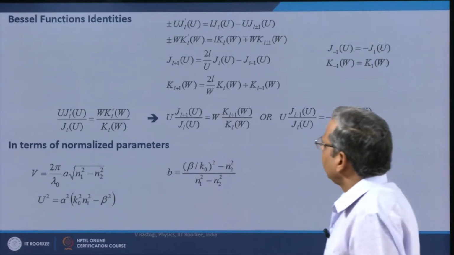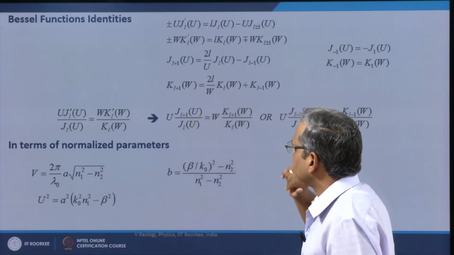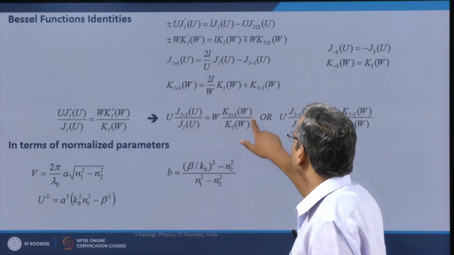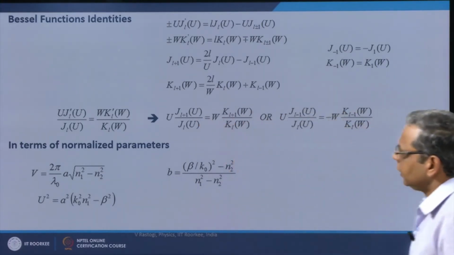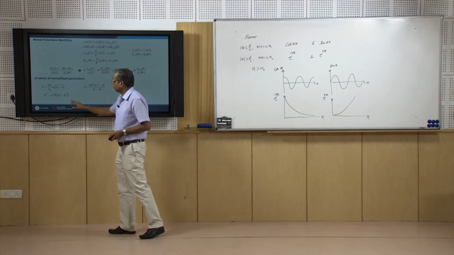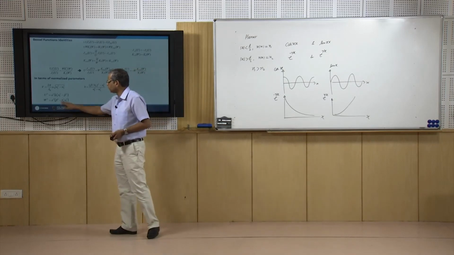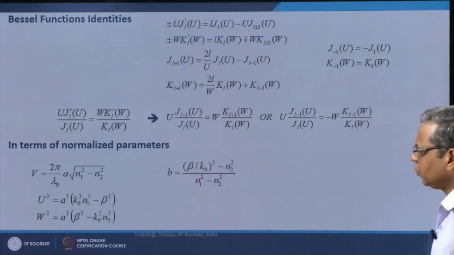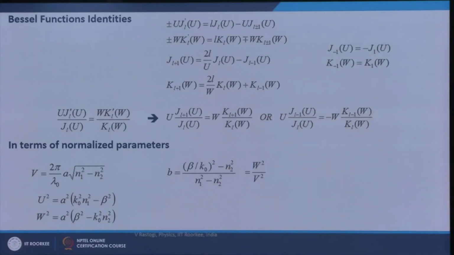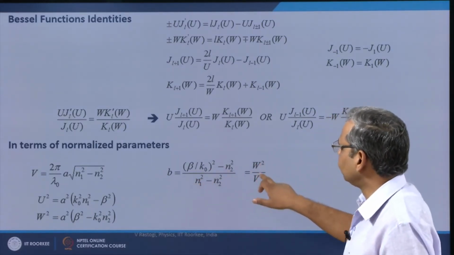In order to represent these equations in terms of V and b, I have to find U and W in terms of V and b. U square is a square times k naught square n1 square minus beta square, and W square is a square times beta square minus k naught square n2 square, which are similar to kappa square and gamma square of the planar waveguide. From here I can see that b is nothing but W square over V square.